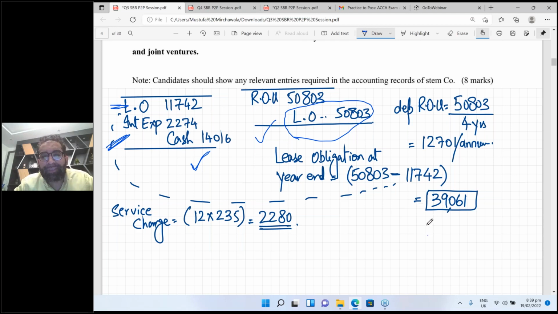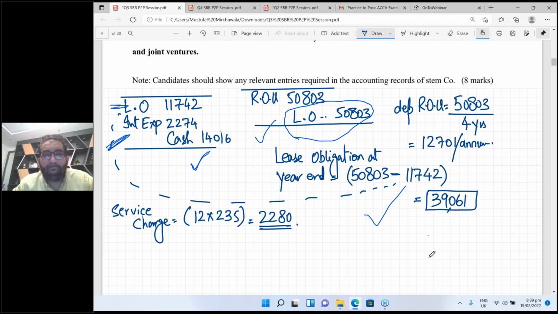So at the end of the year, your lease obligation will be 50803 minus 11742, which is 39061.